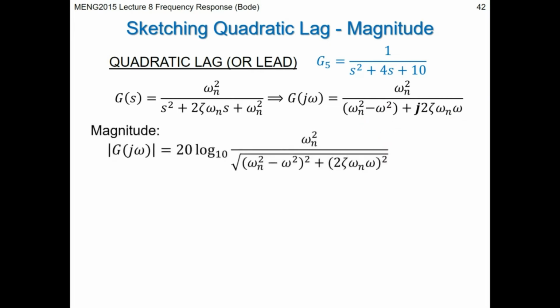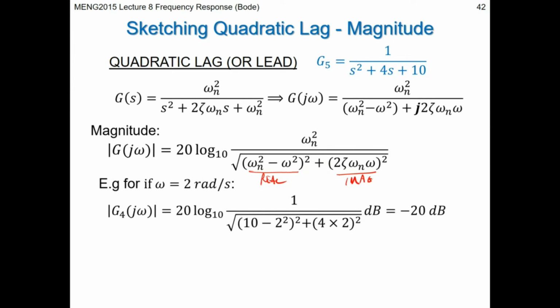So the magnitude is going to be 20 log 10, because we're dealing with decibels. We want to get it in decibels. It's going to be omega n squared on the numerator divided by omega n squared minus omega squared, this is our real part squared, and our imaginary part squared, square root it, and that's how we get the value.